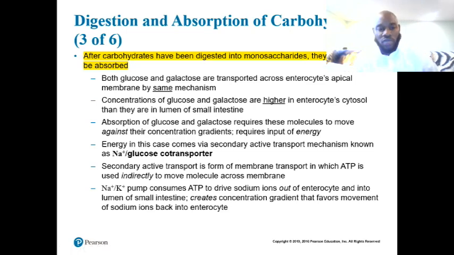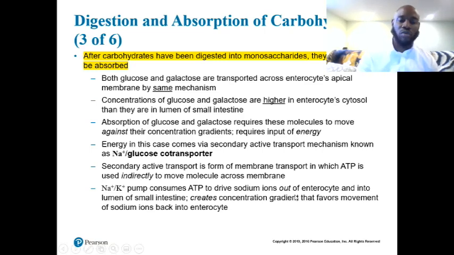It works with the sodium potassium pump, which consumes ATP to drive sodium ions out of the enterocyte, creating a concentration gradient that helps the movement of glucose and galactose into the enterocytes.